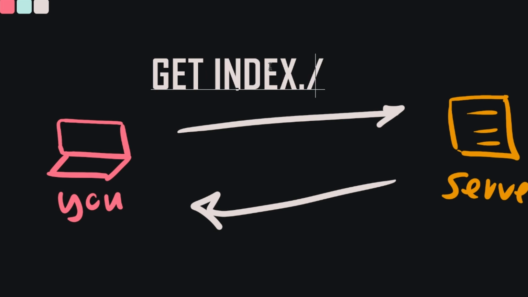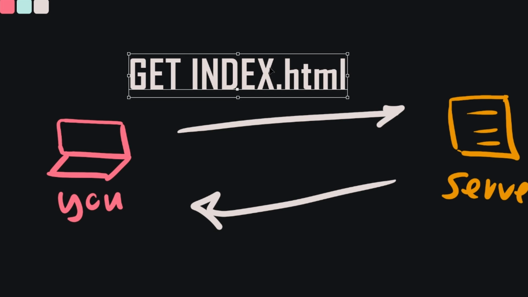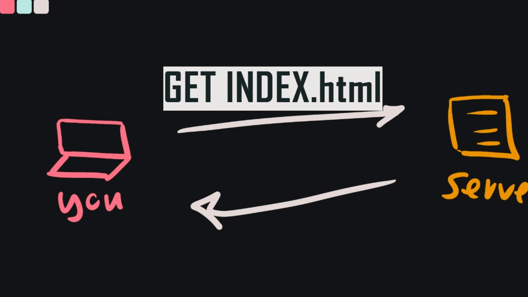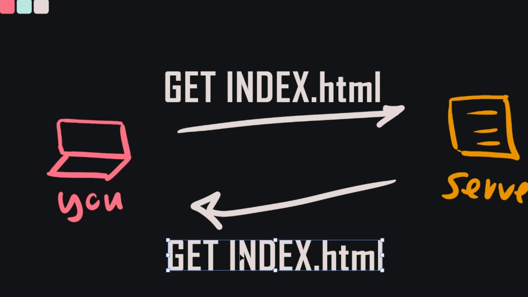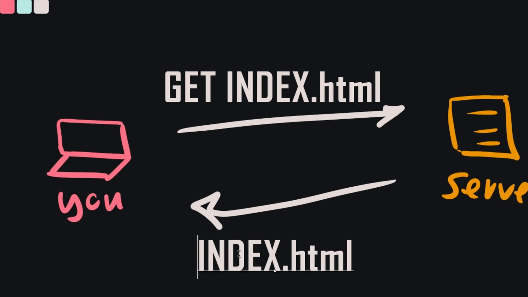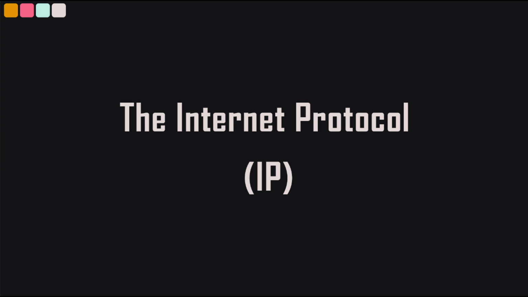That would be dumb. So how do your requests find their way through billions of internet devices, sometimes around the globe, to the target? And how does the target send responses back? The Internet Protocol, or the IP, helps direct network packets to the server.